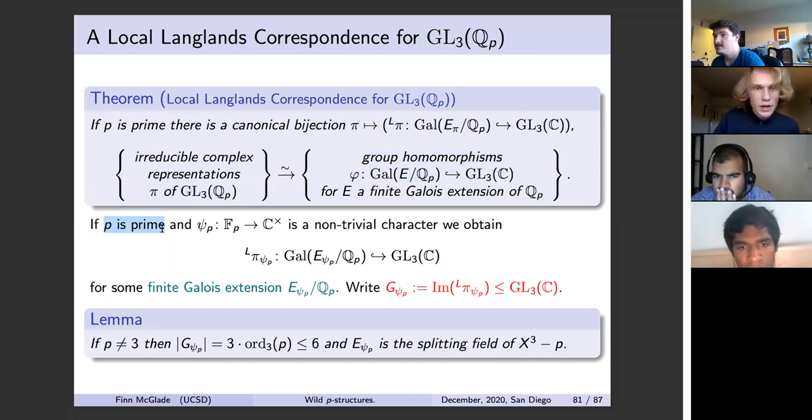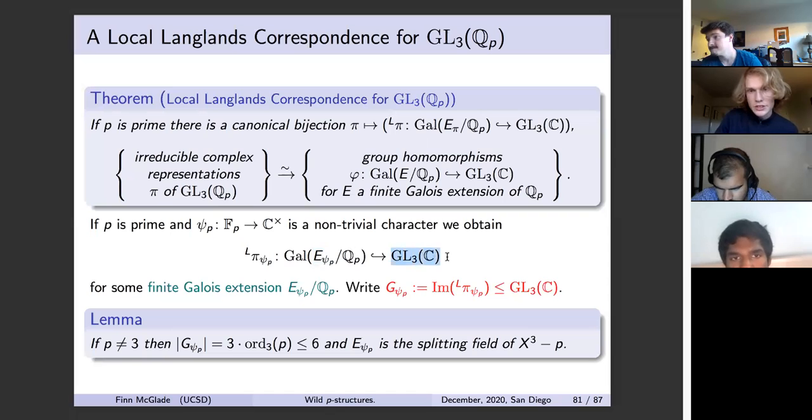So let me fix a prime. And for each prime, I'm going to fix a character psi_p from F_p into C cross. I've constructed this representation pi psi_p, a GL_3(Q_p) representation. It has an associated Langlands parameter, which is a homomorphism out of some Galois group, where here E psi_p will be an extension of Q_p, and the target is GL_3(C).